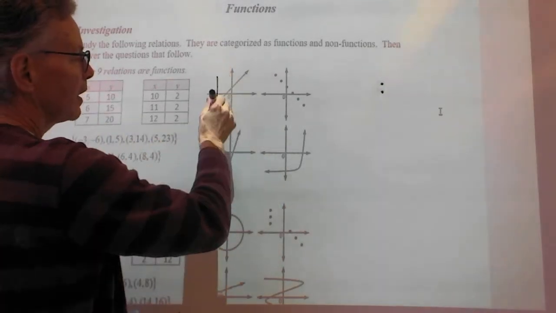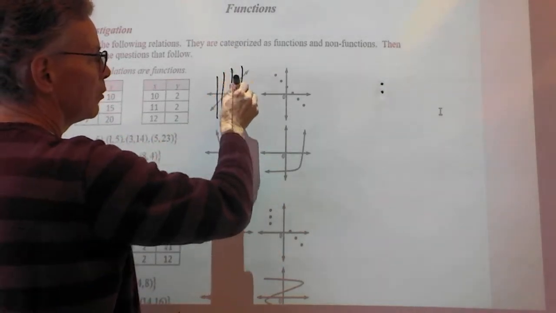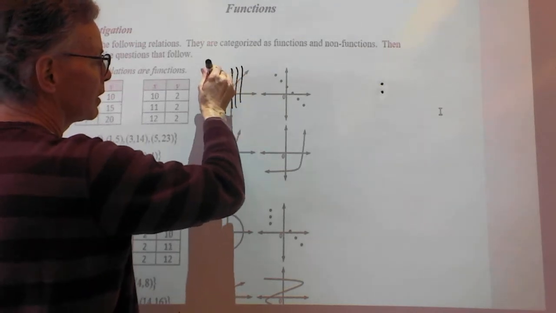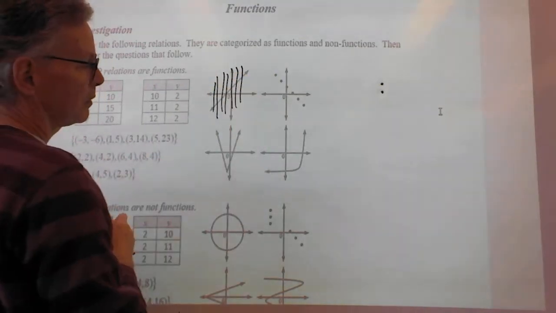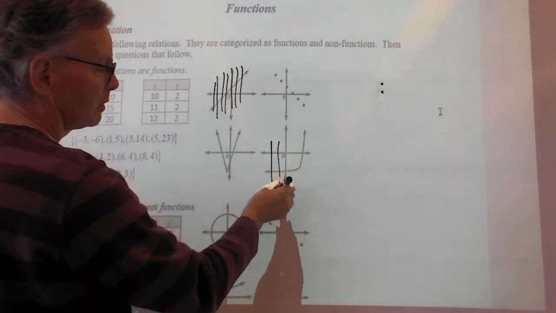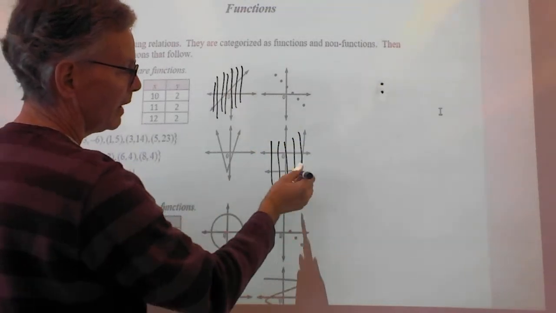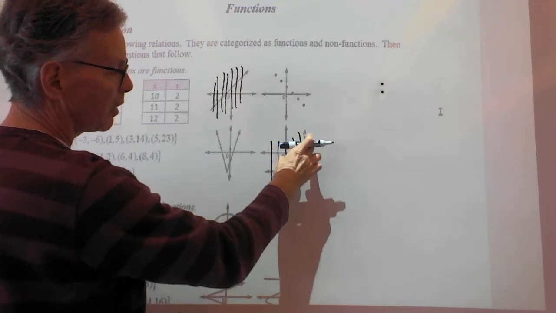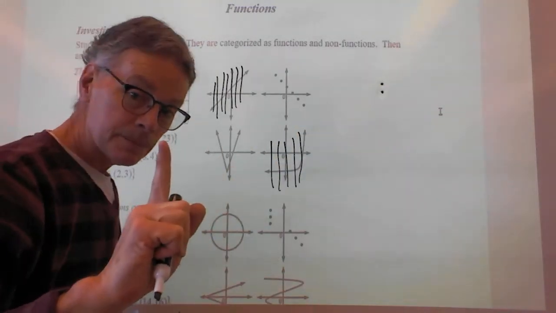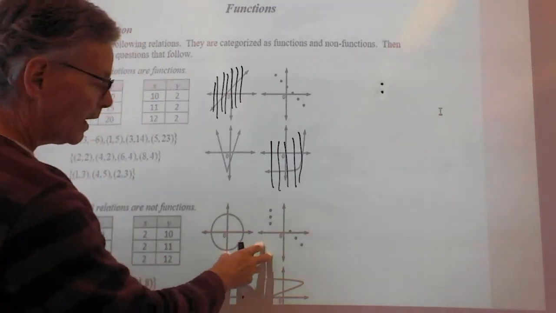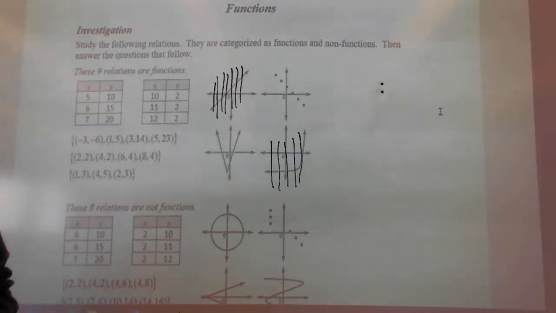And you'll notice that no matter where I drop a vertical line here, it always only crosses this once. Same over here. I can drop a vertical line anywhere, and it will only cross this kind of elbow-shaped line once, okay?